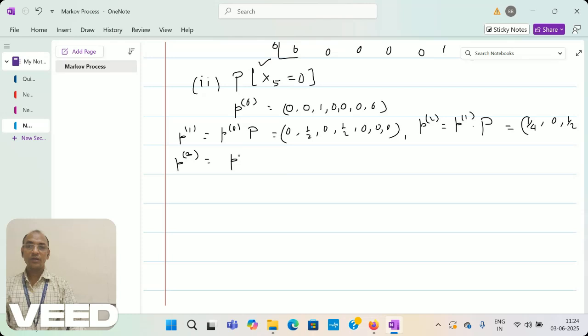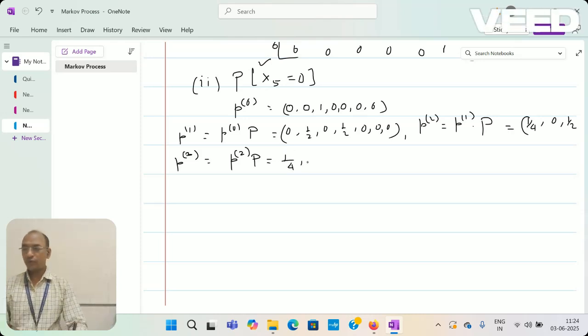P3 means P2 into capital P, and that will give me 1 by 4, 1 by 4, 1 by 4, 0, 3 by 8, 0, 1 by 8, and then 0. This will be my P3.